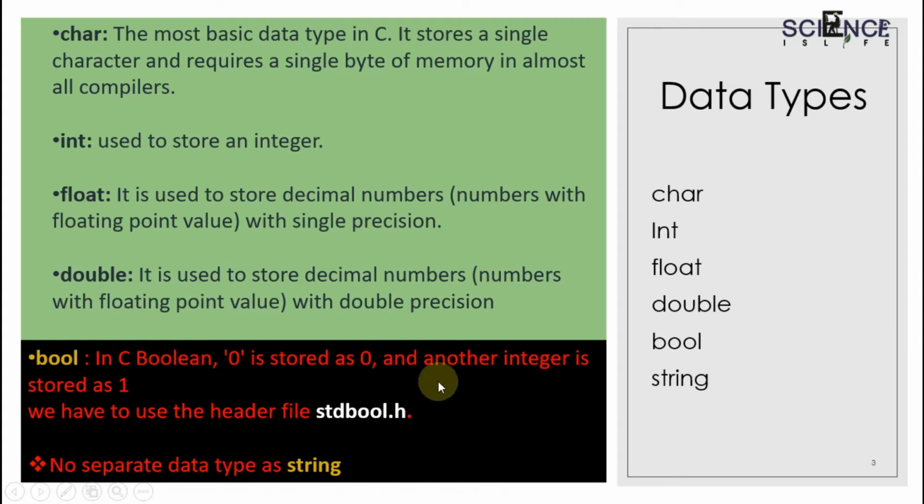And you may have heard of string data types as well. In Java there is a separate data type called string, but do we have a separate data type in C? No, we don't have a separate data type called string, so we need to use a char array, right?